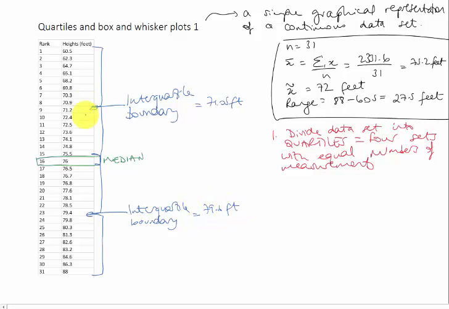Okay, so we've got this divided into 4 chunks. And I'm just going to write on here so you remember that the median is in both halves because n is an odd number.